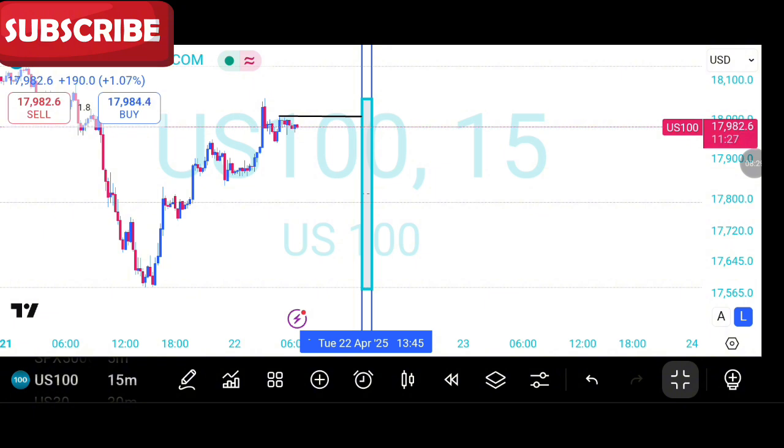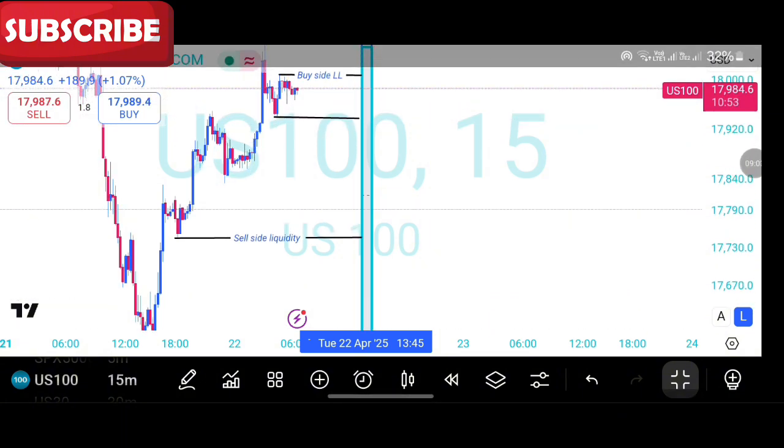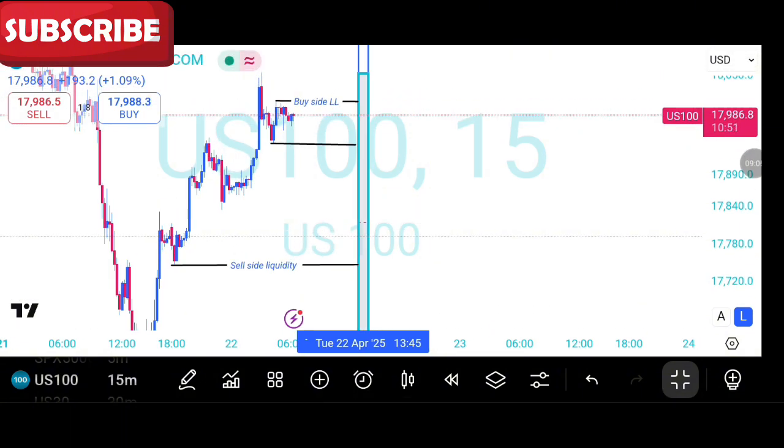This low that I'm just marking now, the second low, will become a bearish market structure shift, or it might become a sell side liquidity, depending on whether price takes it out first or last, depending on how the market moves. So I'll just name my things now: sell side liquidity and buy side liquidity. So this is only from me to you guys. I'll have to show you another one later.